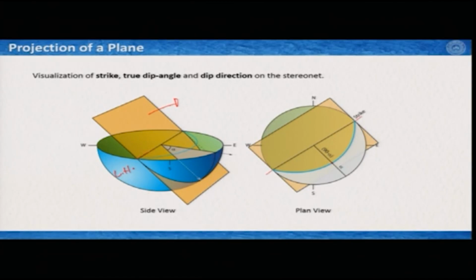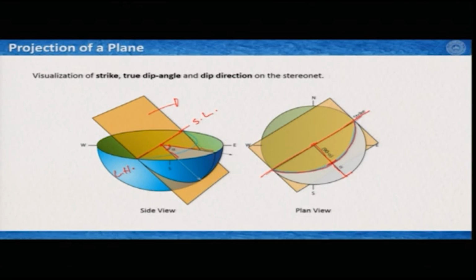This intersection line between the equatorial plane and this sloping plane is your strike line, and this angle here is your dip angle. Now if I see this in plan view, then this is the strike line, this is the projection of the plane, and this angle defines the dip angle of this plane, and the rest is 90 degrees minus the dip angle, which in this case is alpha.